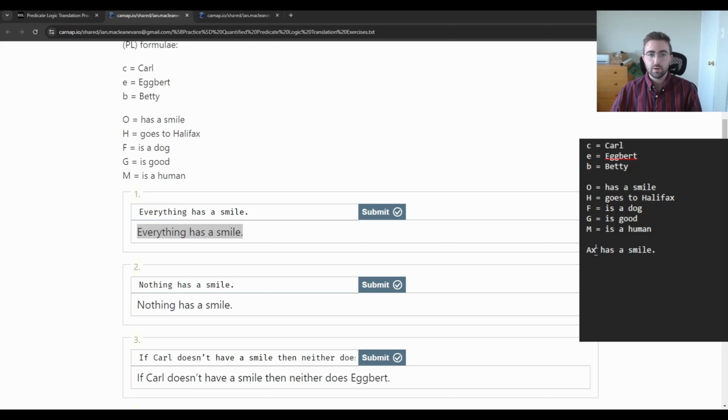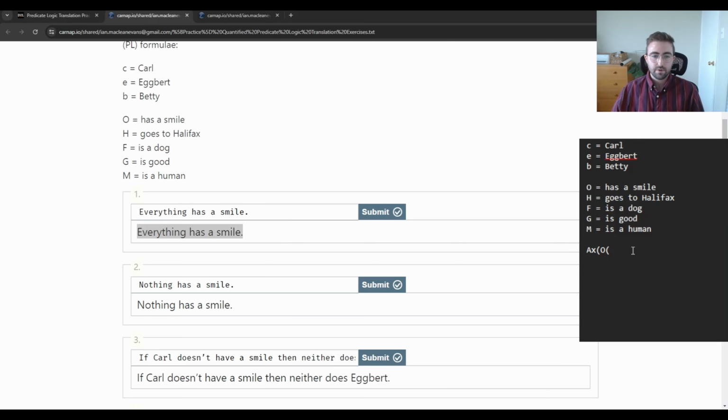So we know that we're going to start with this quantifier. And it's saying everything has a smile, right? Well, this is a predicate, has a smile. And then we'll look to our translation key. We see, oh, has a smile is represented by O. So we'll use O. And of course, we have to bracket it off from the quantifier.